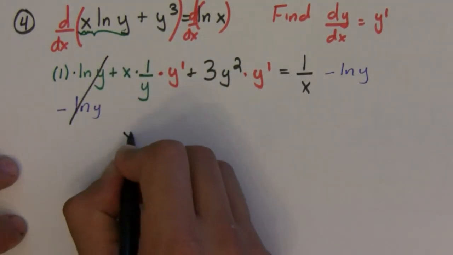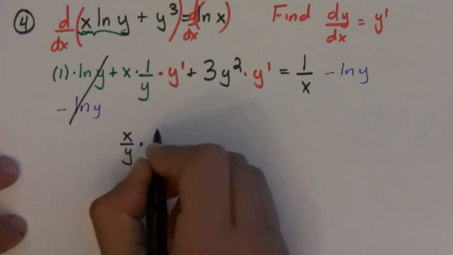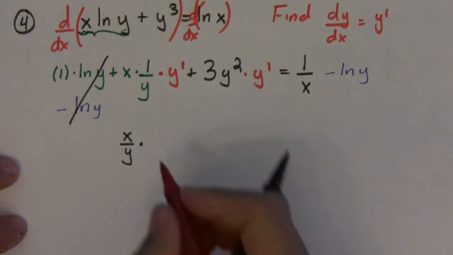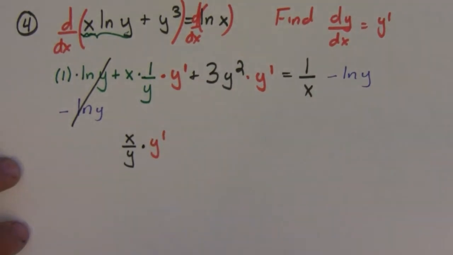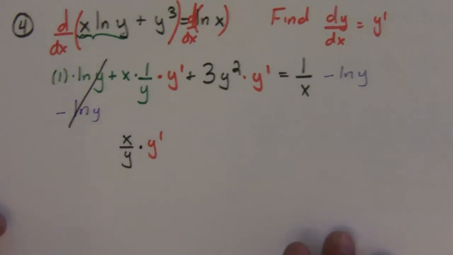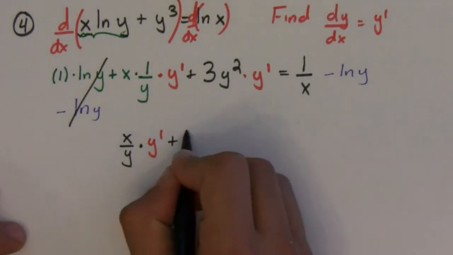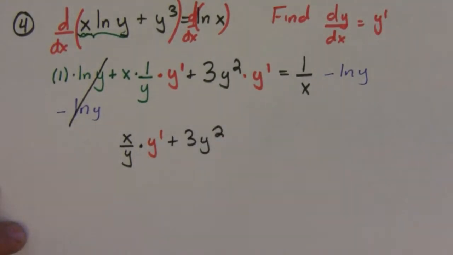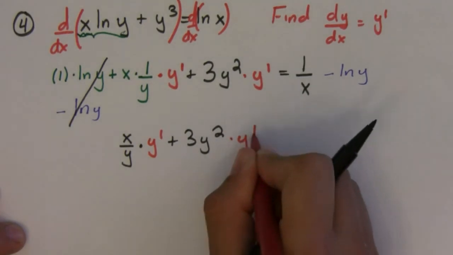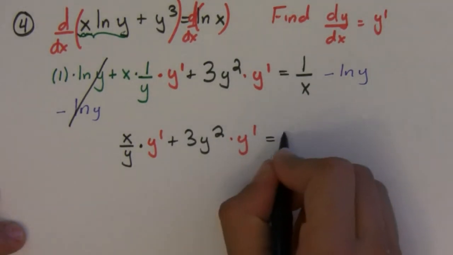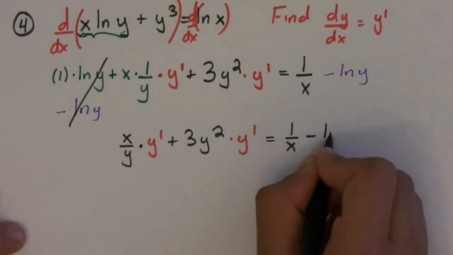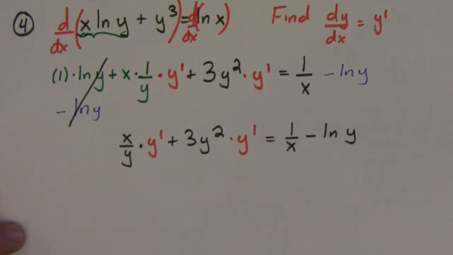We have x over y times y prime plus 3y squared times y prime equals 1 over x minus natural log of y.